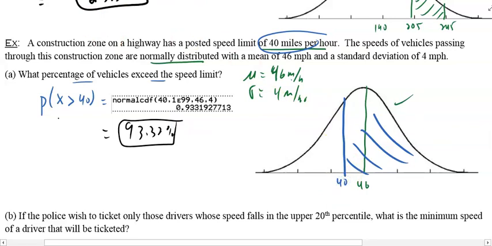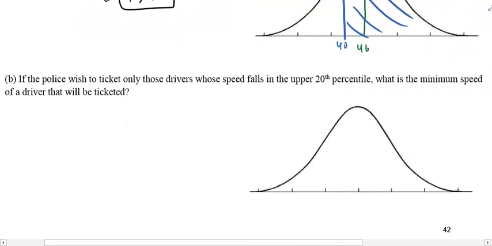Okay, what else? If the police, and this is crucial, you guys, wish to ticket only those drivers whose speed falls in the upper 20 percentile, what is the minimum speed of a driver that will be ticketed? Let's see.